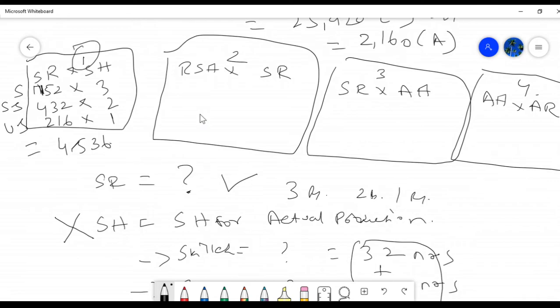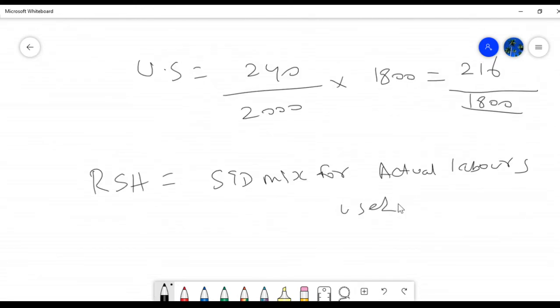How to identify the standard mix? Just now we identified the standard mix. Actual labor hours used, whether it is given directly in the question, we have to check. Just go through the question. It is not directly given. We have to identify it. How to identify that?